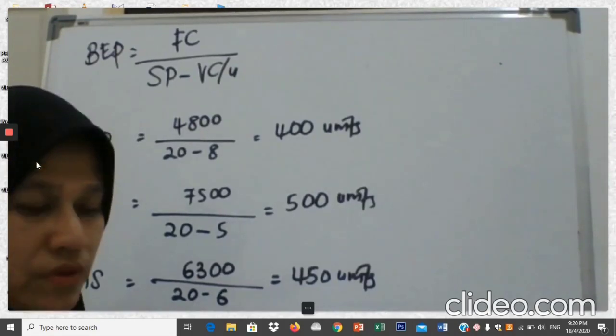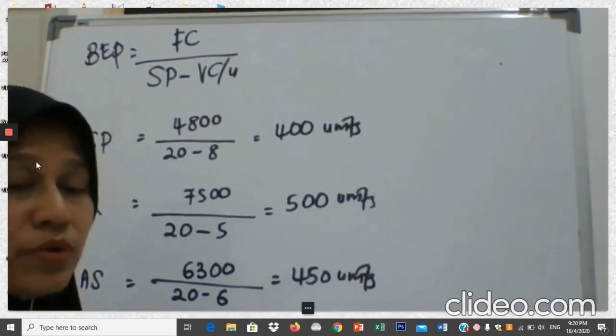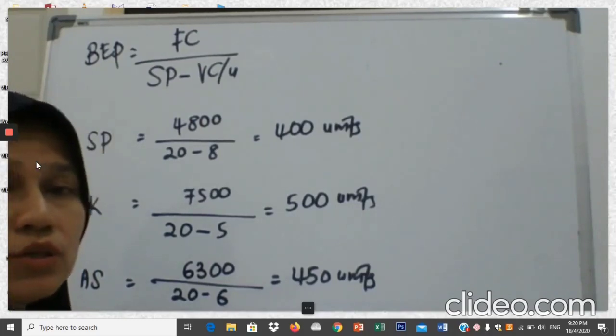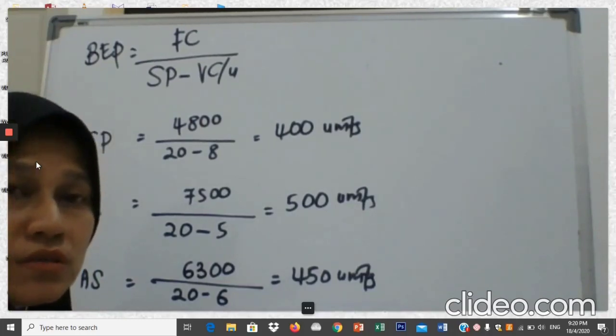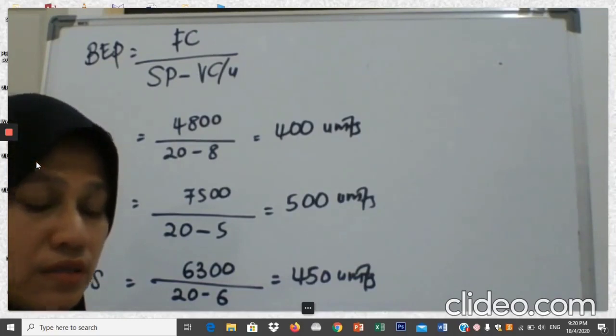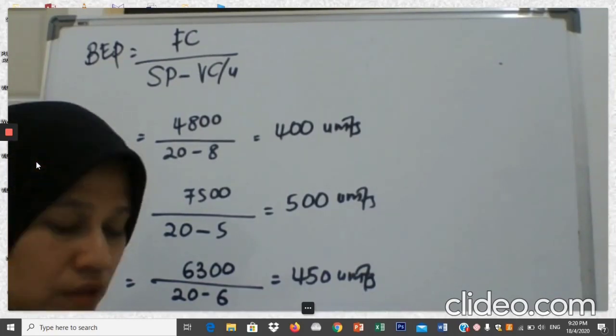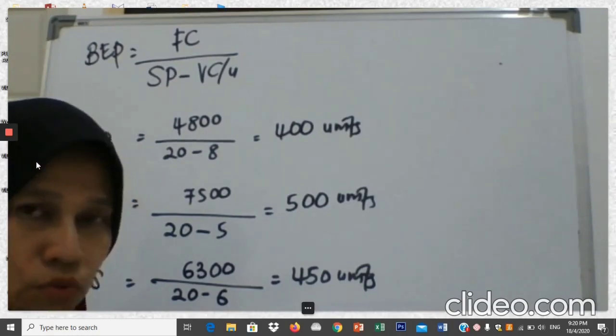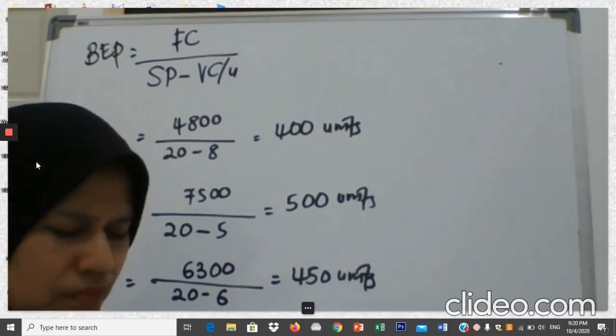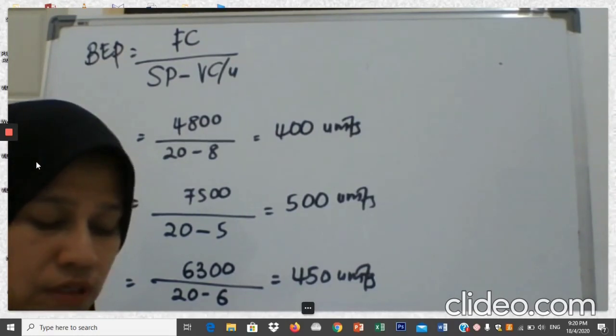The first method here is the break-even point analysis. To show you break-even point analysis, I want you to refer to example 6.1. Let's go through the question. Arum Maju Sdn Bhd is considering opening a new facility to produce its new product.